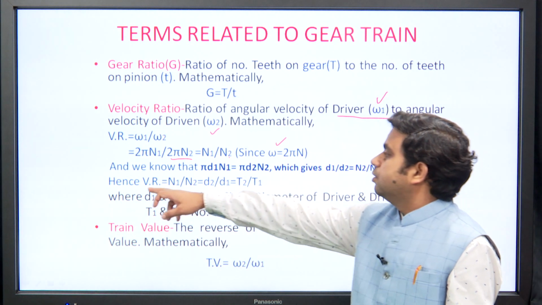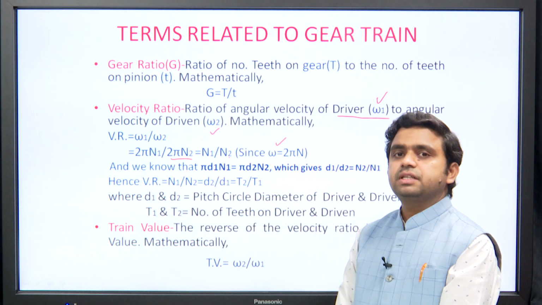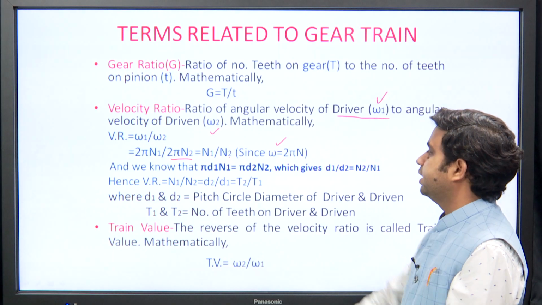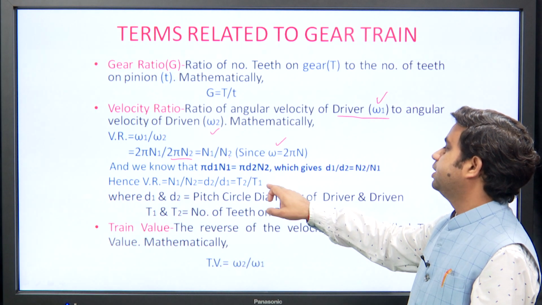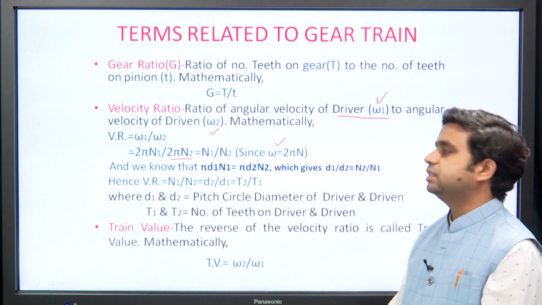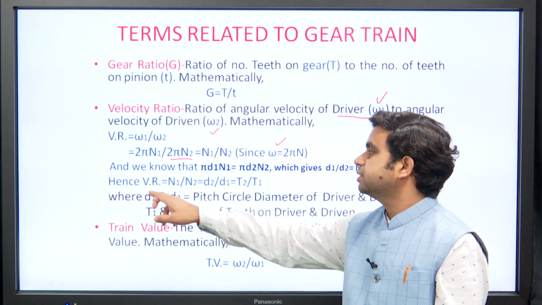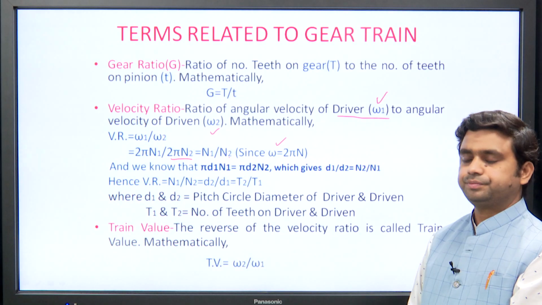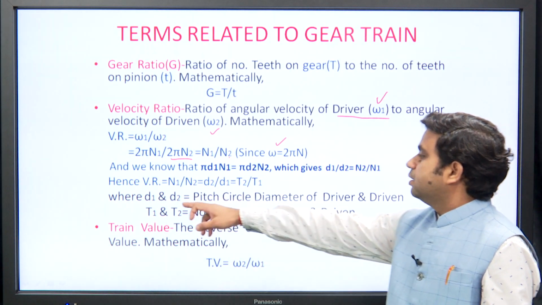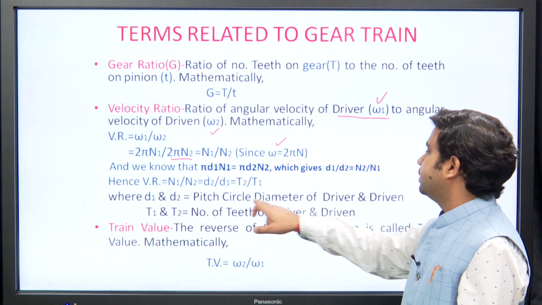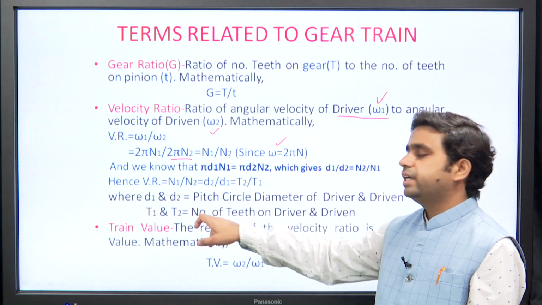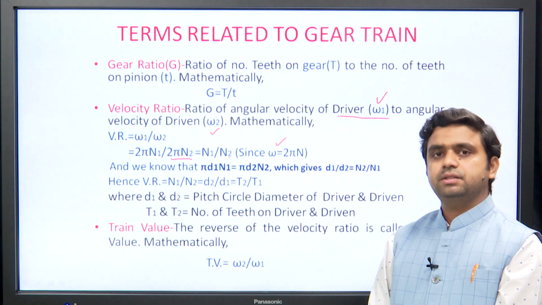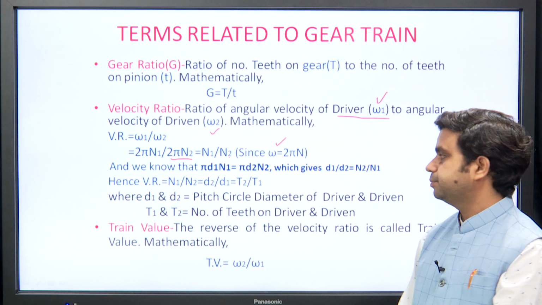So, finally, we find velocity ratio is equal to n1 by n2 is equal to d2 by d1 is equal to t2 by t1. This is the general expression of velocity ratio, where d1 and d2 are the pitch circle diameters of driver and driven, and T1 and T2 are the number of teeth on driver and driven.